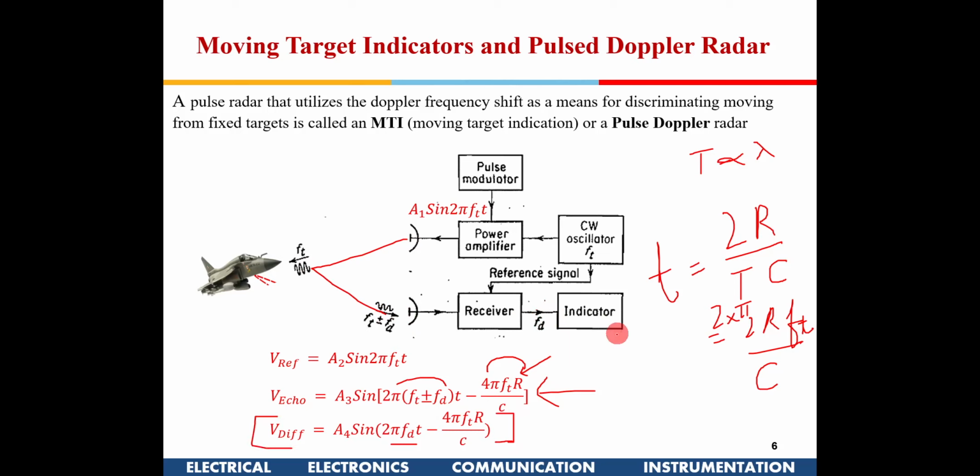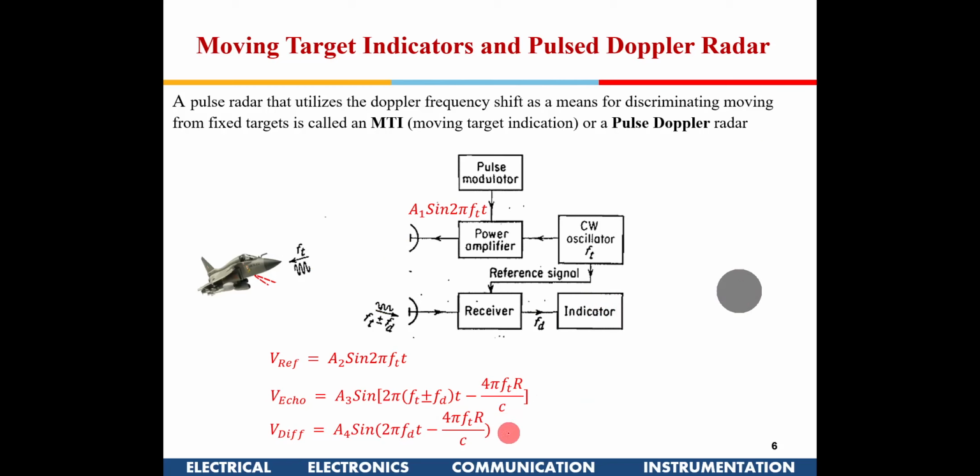Now let me remove all these unwanted things. Now if you observe this waveform, what happens for a stationary object? For a stationary object, there is no fd, so this vanishes. There is no this component, only this. This is also 4 pi ft r over c, and they are all constant.